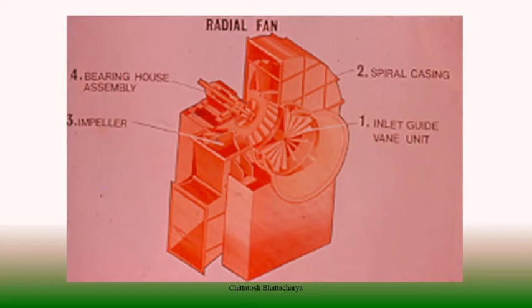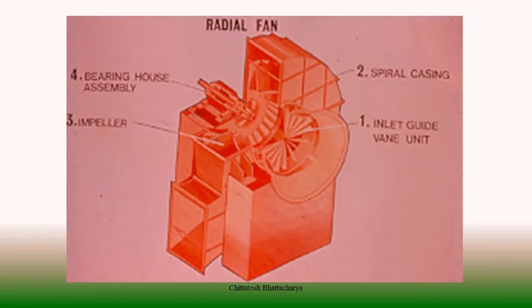For radial fans, there are the following parts. As you see, we have suction side inlet guide vane. We have a spiral involute casing to accommodate the impeller.